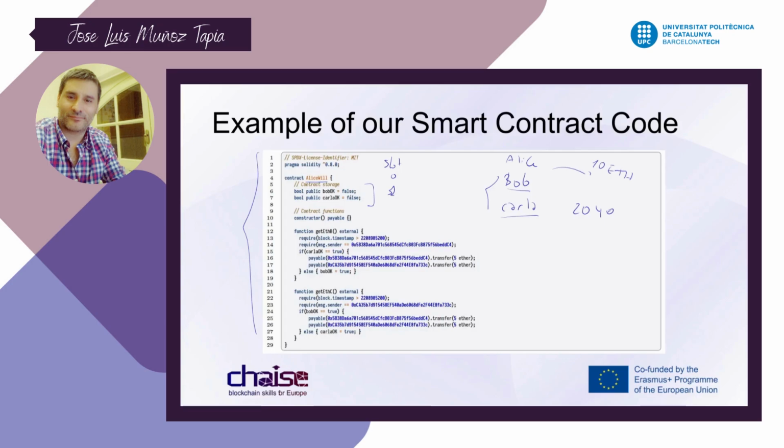In slot 0, we are going to store the fact that Bob already sent a transaction, and we start with false. I mean, Bob didn't send any transaction, and Carla neither.